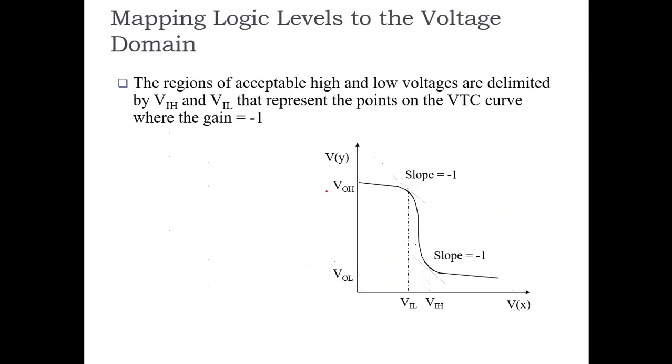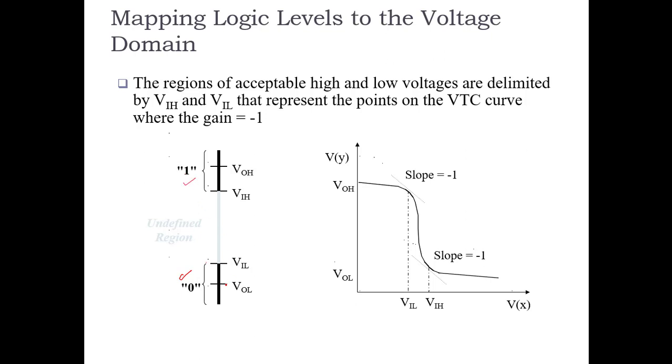so the mapping of logic levels to voltage levels. We have these regions, and the regions of acceptable high and low are delimited by VIL, VIH and VOL, VOH, and represent the voltage on the VTC. So now you see that if you want to input a logic 0, the range is this one. If you want to input a logic 1, the range is this one.